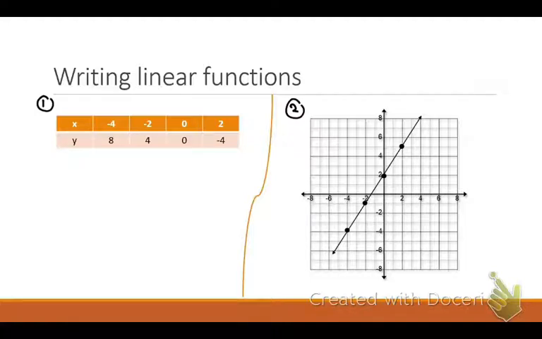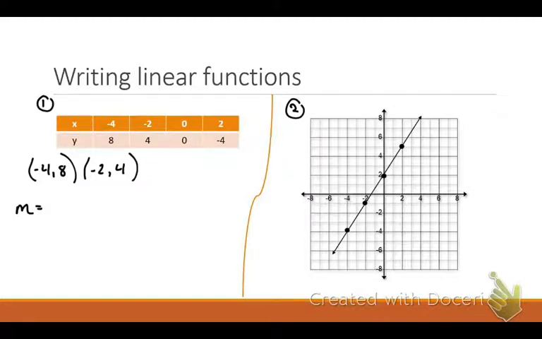We did the same thing in chapter 4. You need to pull out 2 ordered pairs. This is an x and a y value. Write it as an ordered pair. -2, 4. I strongly encourage you to write it down because it's very easy to get your signs messed up.